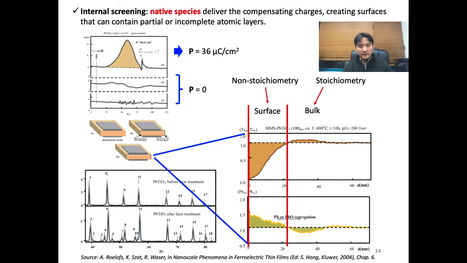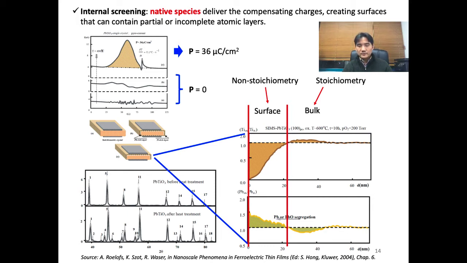As you can see, it's from Professor Rainer Waser's group, who contributed to nanoscale phenomena in ferroelectric thin films, which was published in 2004. And there, they describe the process of self-polarization in lead titanate bulk crystal. As you can see, there is a surface reconstruction going on, as you can see from the SIMS profile, where we have different stoichiometric layer when compared between surface and bulk.